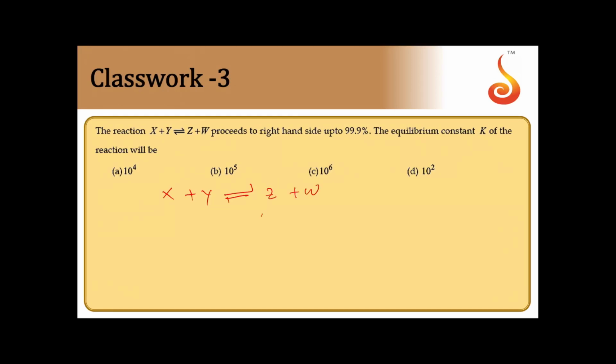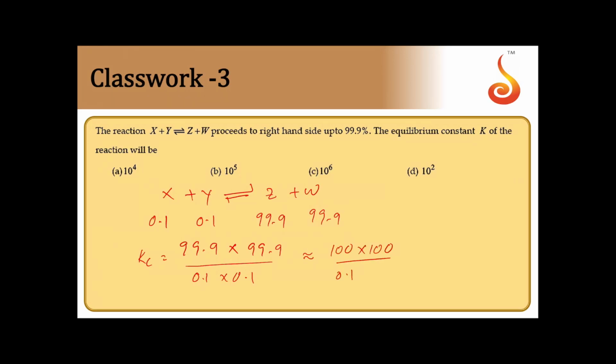So 99.9% products are formed, and 0.1 of X and Y will remain. Therefore, the expression of Kc will be 99.9 into 99.9 by 0.1 into 0.1. This is nearly equal to 100 into 100 by 0.1 into 0.1, which is equal to 10 to the power of 6.